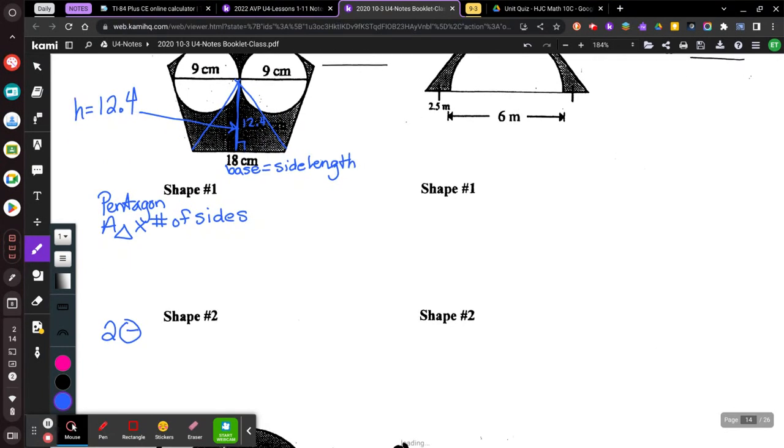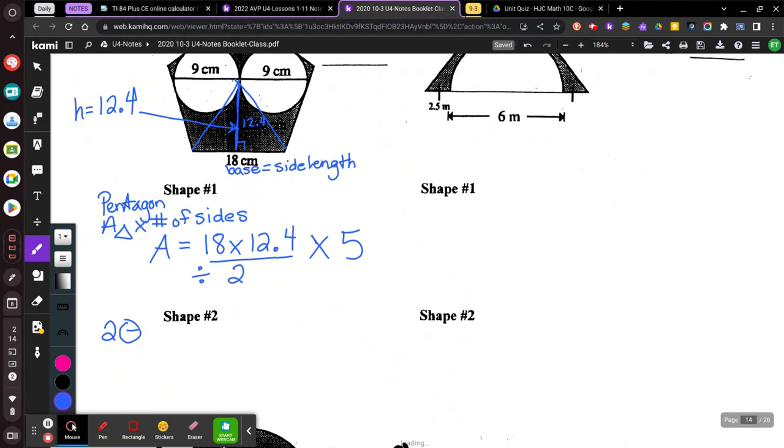So here we go for our area. Our base is 18 times the height, 12.4, divide that by 2. Then times by the number of sides, so you're going to times it by 5. Now, if you wanted to times it by 5 on top, then divide by 2, that's totally okay.